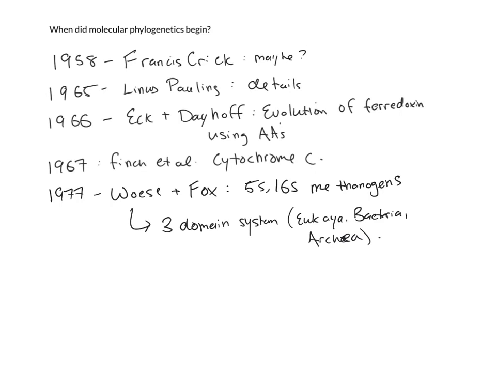So 5S sequences, to give you some perspective, are around 120 nucleotides, which was feasible at the time with Sanger sequencing. But 16S is around 1,500 nucleotides. And that just wasn't feasible with sequencing technology at the time. So these experiments that Woese and Fox did were really impressive.